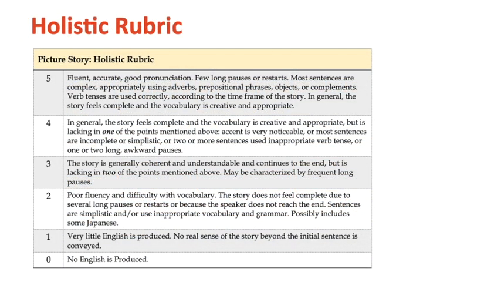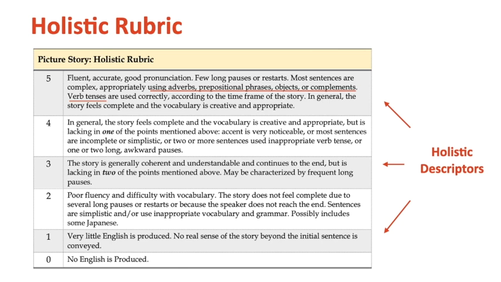Before we move on, I want to mention another style of rubric called a holistic rubric. A holistic rubric describes several criteria within a single descriptor. If you pause and read the holistic descriptors above, you will notice that the descriptor for a score of 5 mentions fluency, accuracy, and pronunciation.